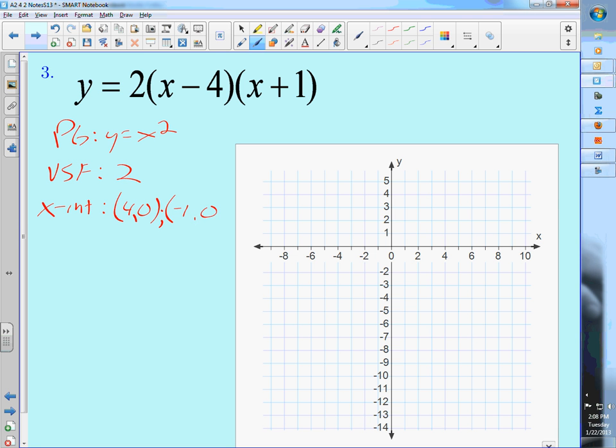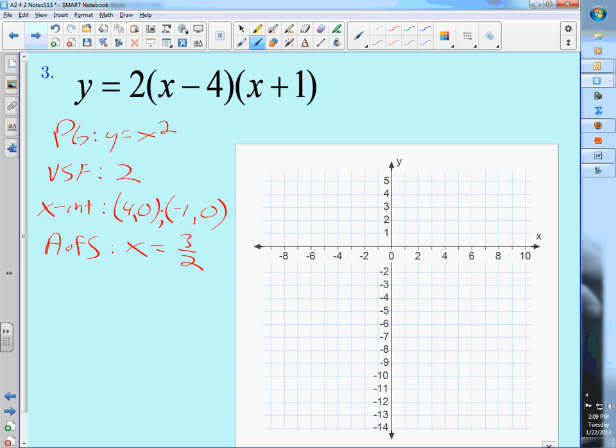Yeah, (-1, 0). So this is going to make for an ugly axis of symmetry. Where will that be? 1.5 or 3/2. I would encourage you to stay with improper fractions. It's just good in the long run for you to be able to work with those.